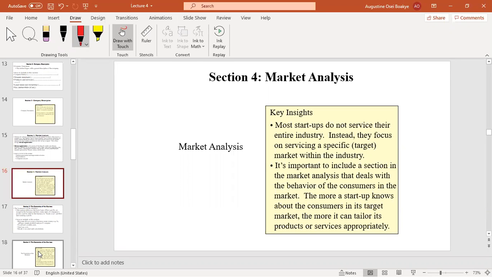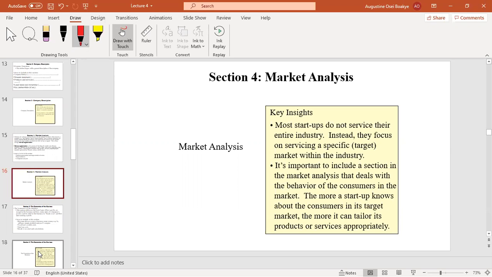It is important to include a section in the market analysis that deals with the behavior of the consumer. So here we are talking about consumer behavior, the beliefs and practices which make consumers behave the way they do as far as their patronage of goods and services is concerned. And this employs a little bit of consumer psychology.